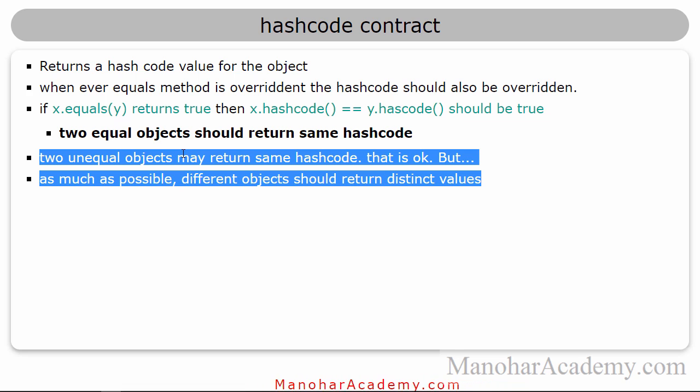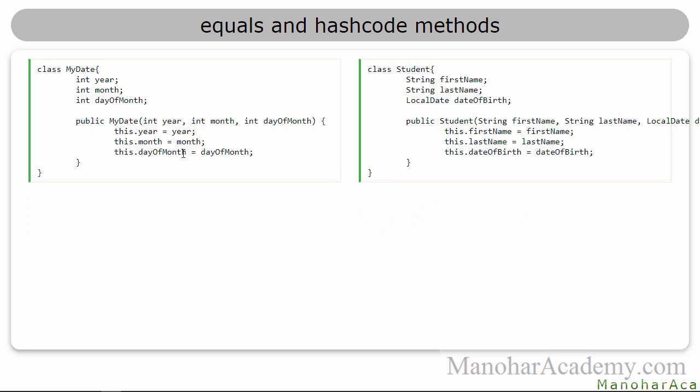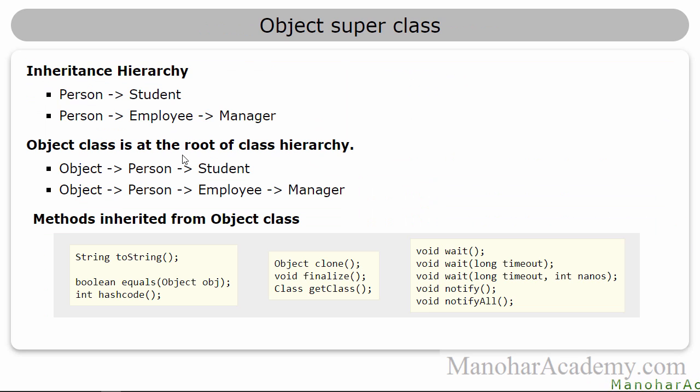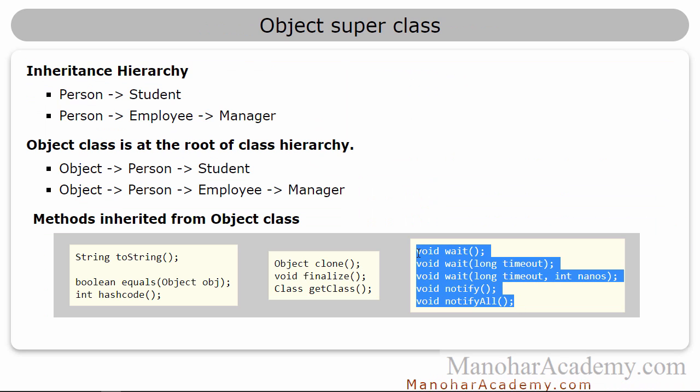Okay, that is all about the superclass Object. The class name itself is Object. To recap, we inherit 5 methods that are related to concurrent programming.